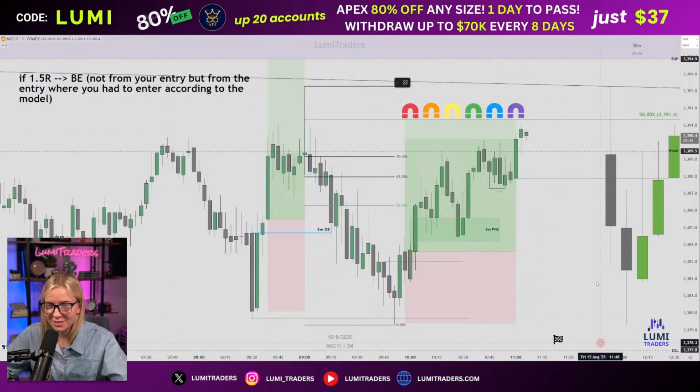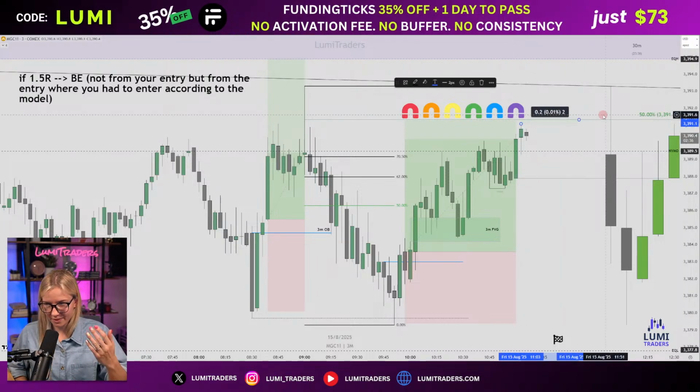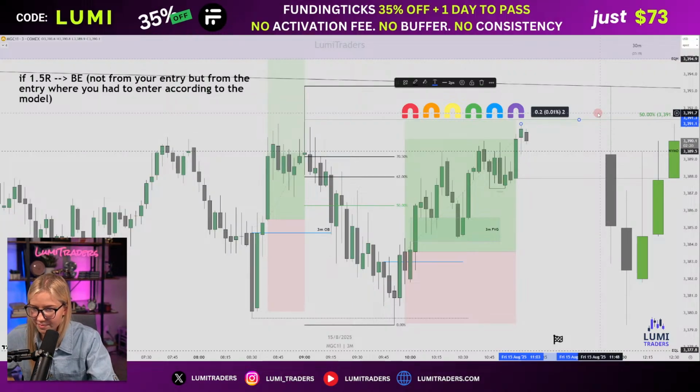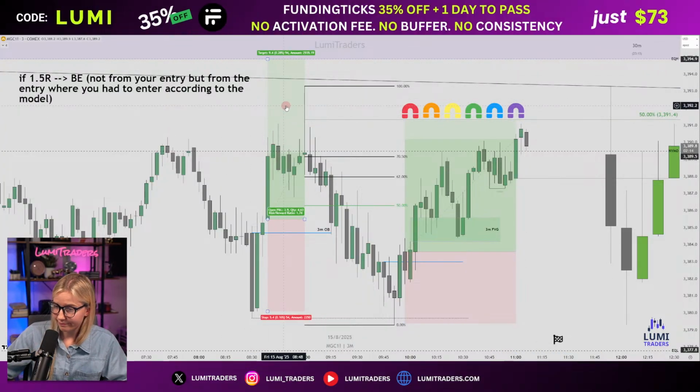Classic. Let's do a full reversal. 20 cents away. What about a V-shape reversal from the current area? Why? Because? I wasn't in the trade as well. Over here, I stopped out at break even.